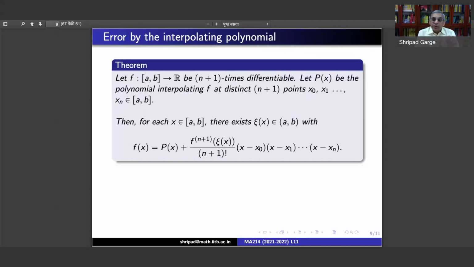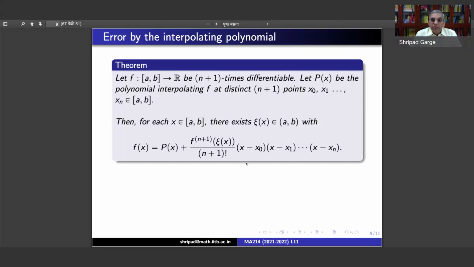How does the error form look? You may think of this error form as f(x) minus p(x). First of all, it has x minus x0, x minus x1, and so on up to x minus xn. They are all there in the error form, clearly, because whenever x equals any of those xi, the error is 0. So your error form having these as factors is quite understandable.